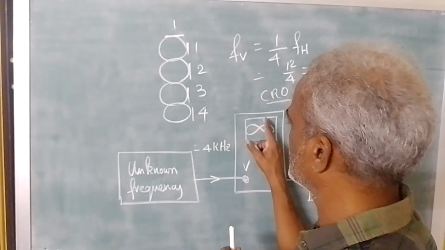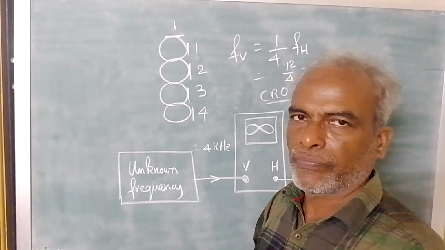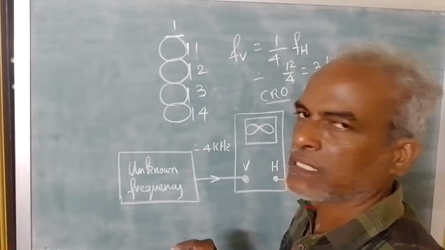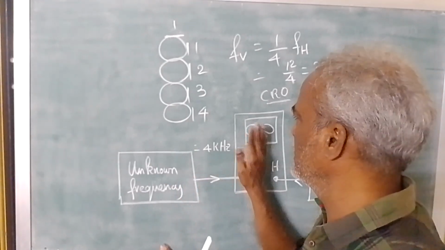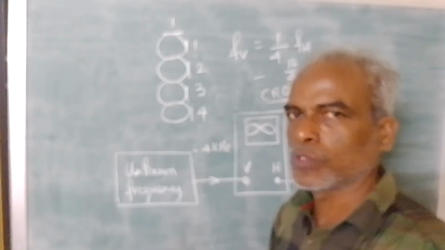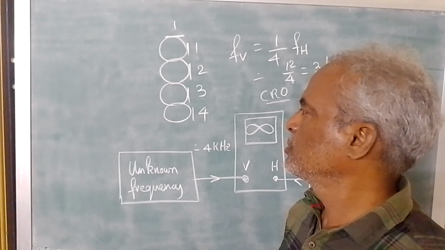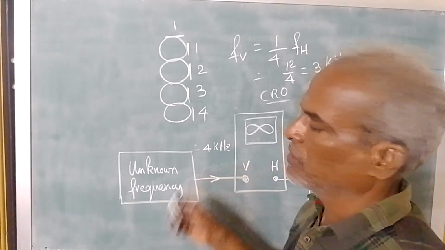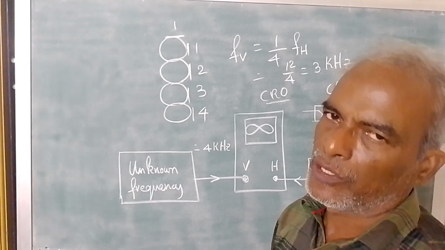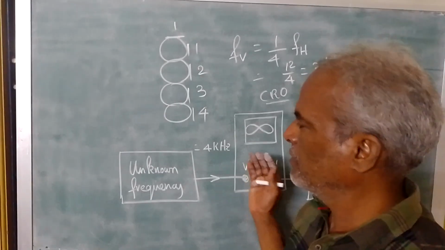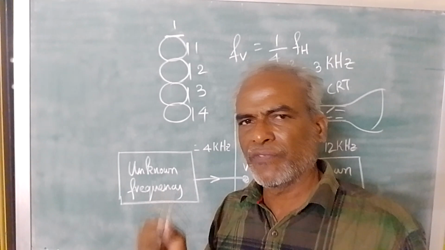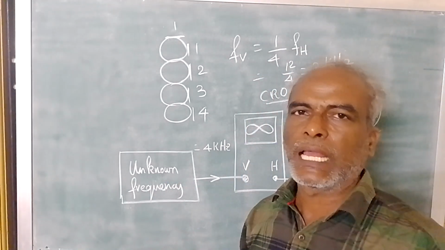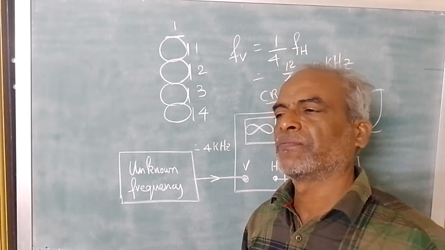Okay, then you must see a circular pattern. Then you adjust this known frequency and unknown frequency so that you see a regular pattern like this and measure those values, from which using the known frequency you can always calculate the unknown frequency and verify. Theoretical and practical values may slightly differ because so many errors can happen due to the equipment itself.